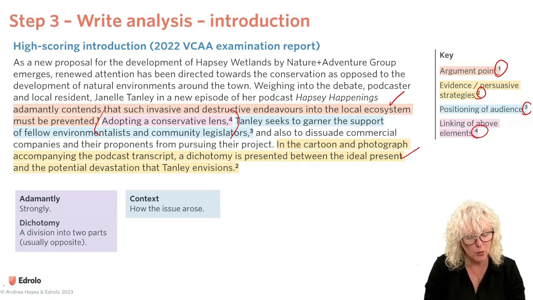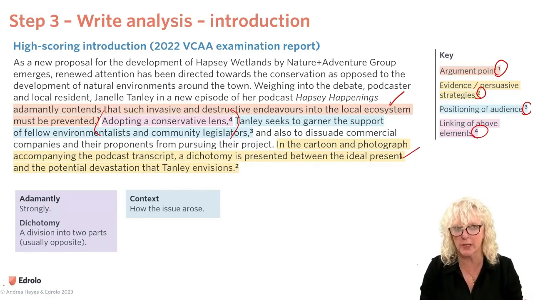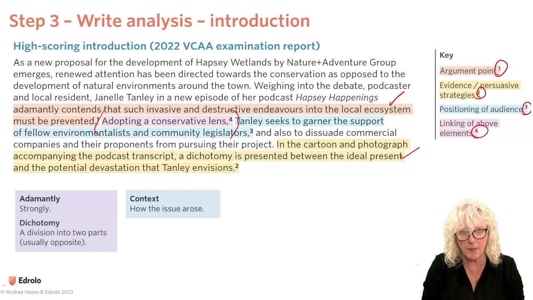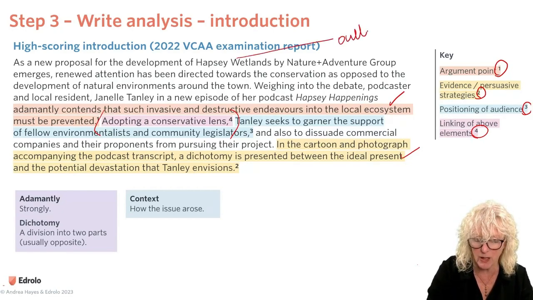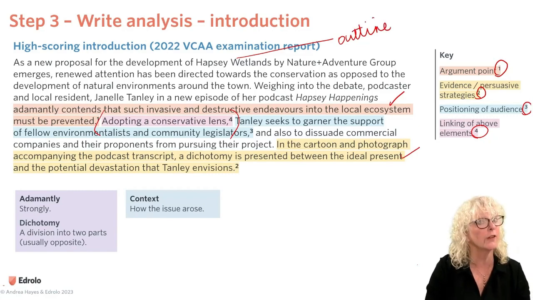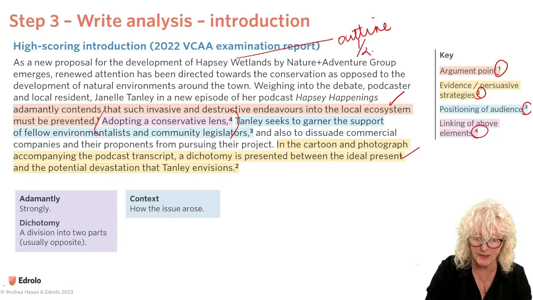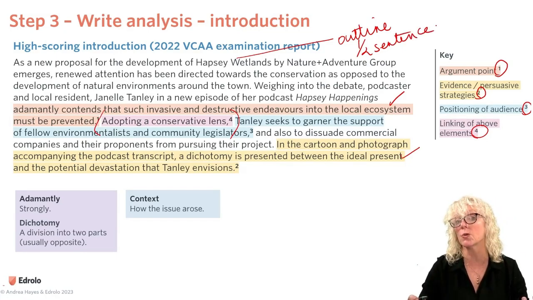So let's have a look here. I'm not going to read all the paragraphs, but I'm just going to point out some obvious points that perhaps would be a really good idea for you to include. So at the start of this one, we have what we call a little bit of an outline, often only half a sentence, about how the issue arose.